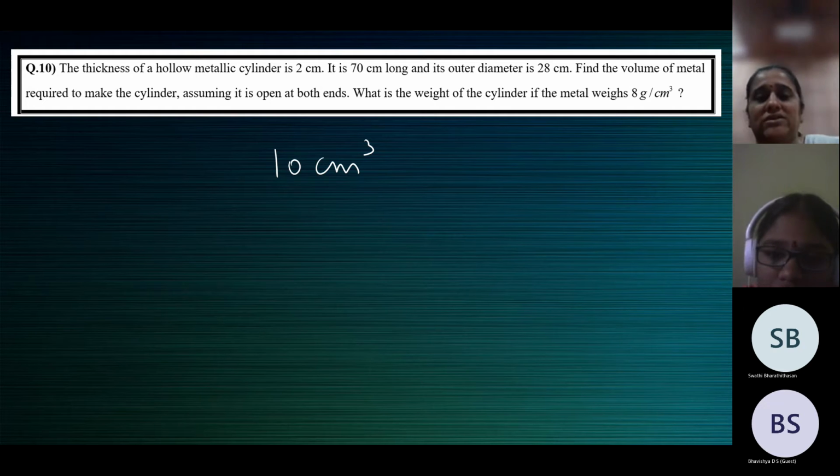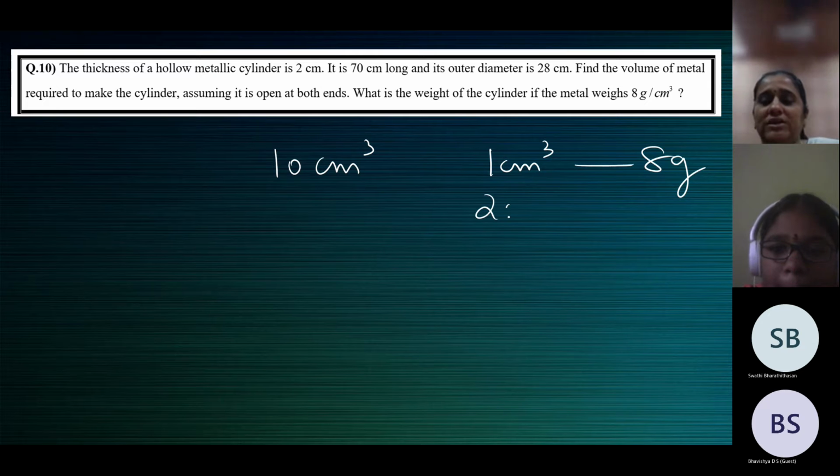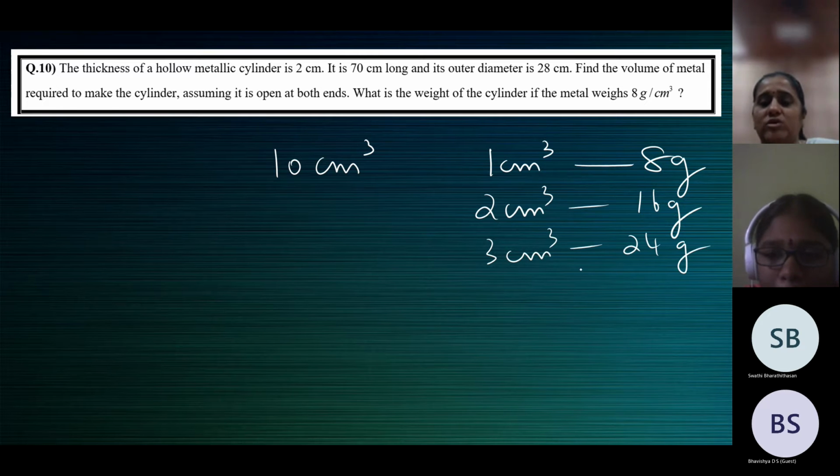If we have to find the weight, how will you find it? It's given there: 1 centimeter cube has a weight of 8 grams. So 2 centimeter cube will weigh 16 grams, 3 centimeter cube will weigh 24 grams, and 10 centimeter cube will weigh 8 into 10, 80 grams. It's very simple, children.